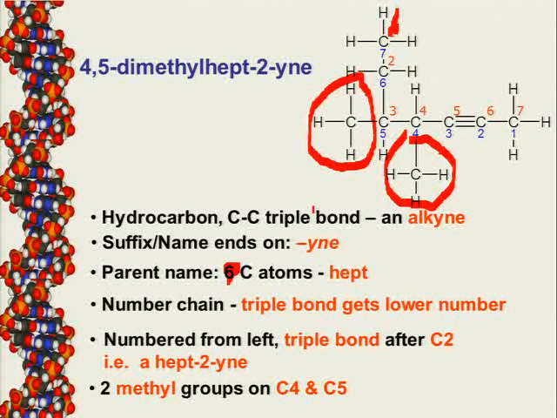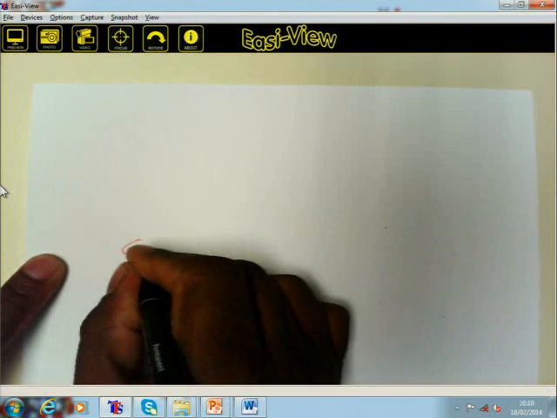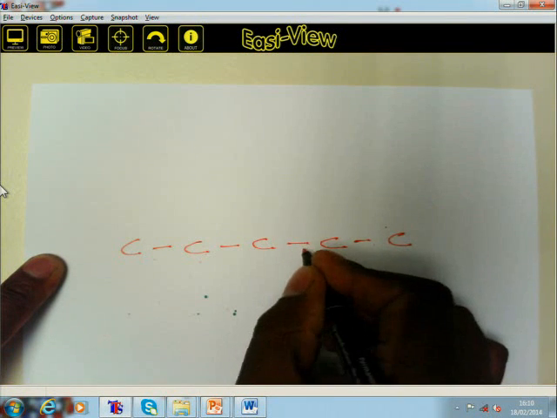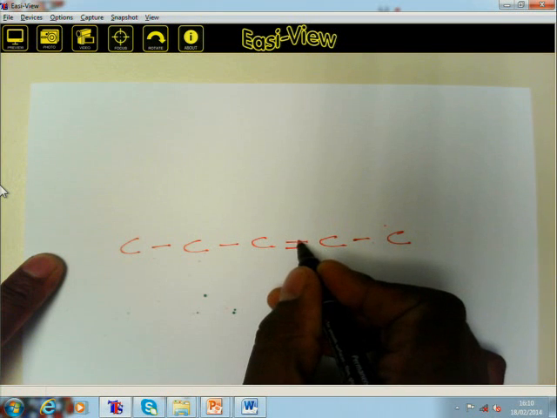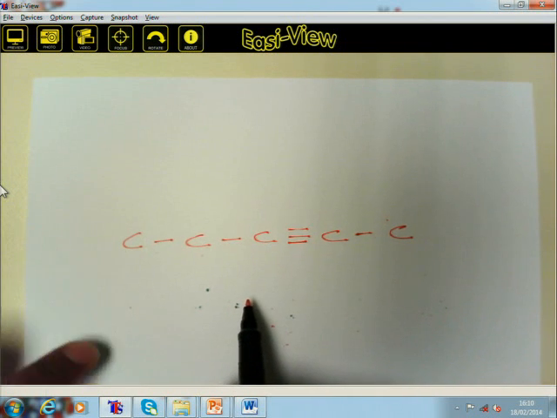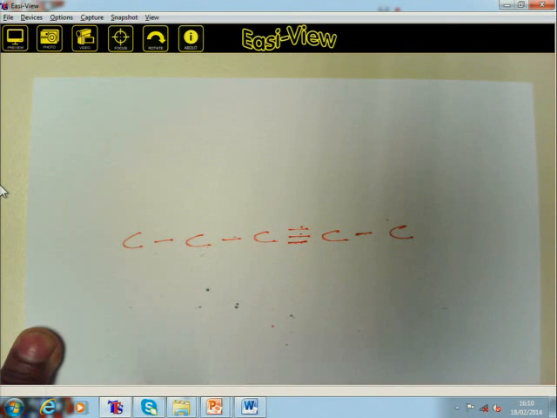Let us look at another example so that we try and get the name, the substituents and the position of the triple bond correct. Let's draw another one here. 1, 2, 3, 4, 5, where here we'll have a triple bond. So let's check and verify that each carbon has enough bonds. 1, 2, 3, 4, 1, 2, 3, 4. So it's correct.